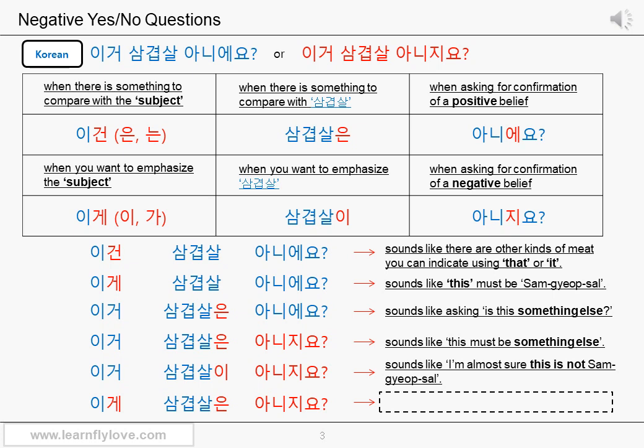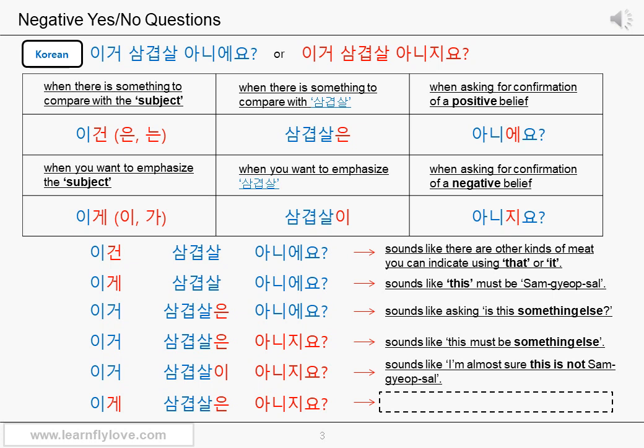It sounds like you point at right this one, while there are other kinds of meat that you can point at using another this or that on the shelf and ask if it's 삼겹살. But even though there's nothing to indicate other than the one you point at, you can still use 이건 with the auxiliary particle 은 or 는. But the sentence will still have the nuance of comparing. Now you understand the nuance a little bit? Okay. Let's see the next one.